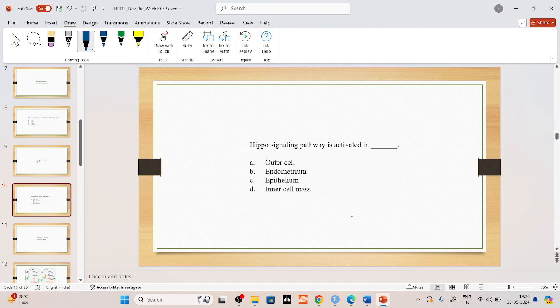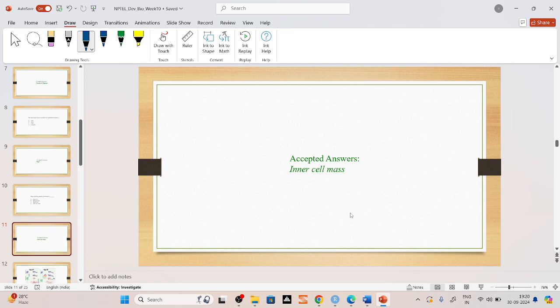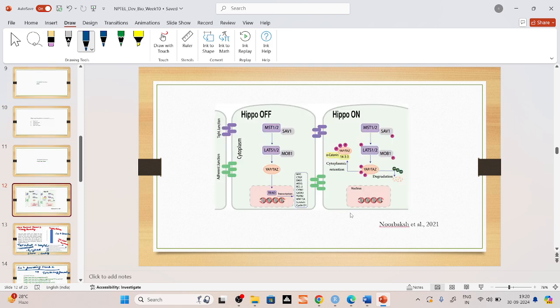Okay. Now this Hippo signaling, let us see about it quickly. Why am I focusing on the Hippo pathway? Because it is important. Whenever you are studying developmental biology, the study essentially involves some mechanisms and some pathways.